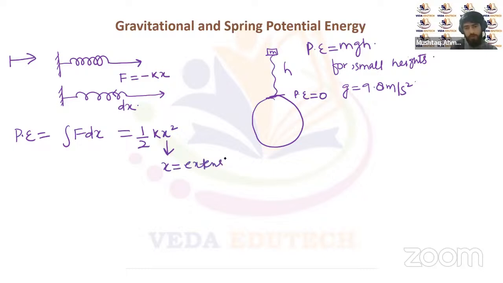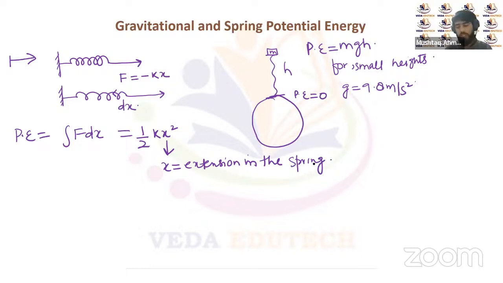So the spring potential energy will depend upon how much the extension is within the spring. Half kx square will be the potential energy, where x is the extension. So this is the potential energy stored in the spring.